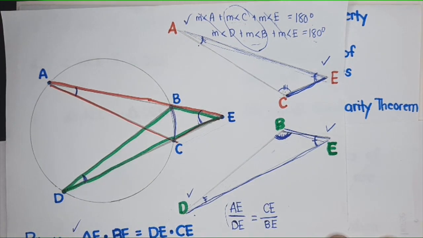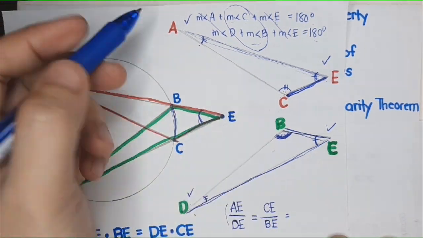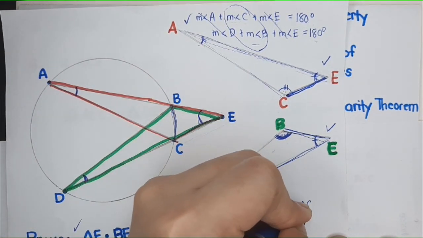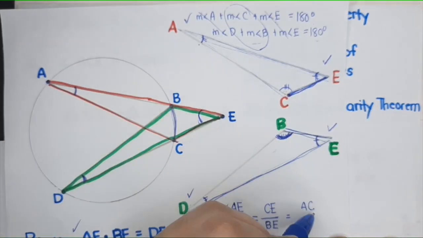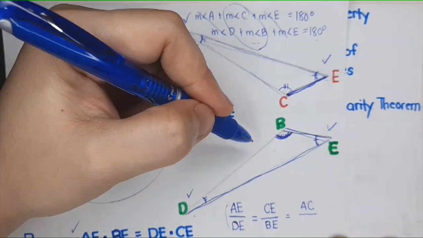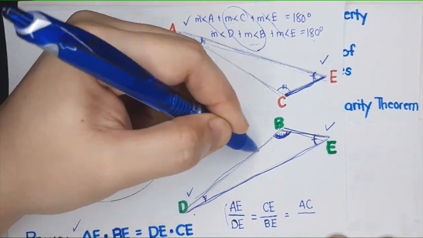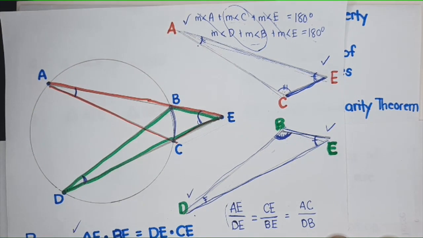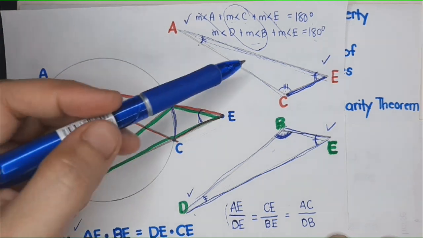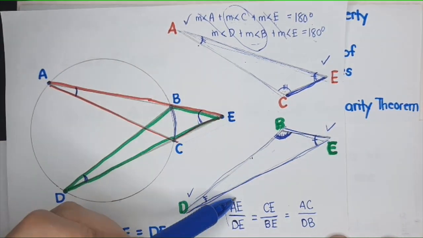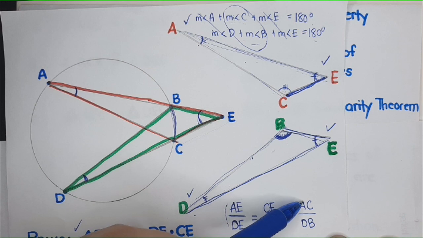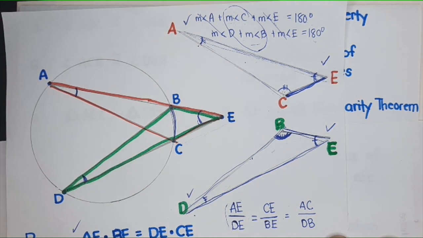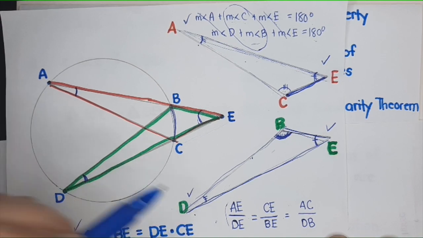Pwede nyo rin isulat yung third side, AC. The length of this side. Ano yung corresponding side niya? This side naman. So, that's DB. Yun yung sinasabi na if you have similar triangles, the ratio of the lengths of the corresponding sides are equal.